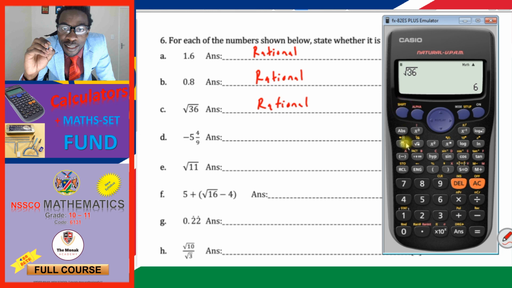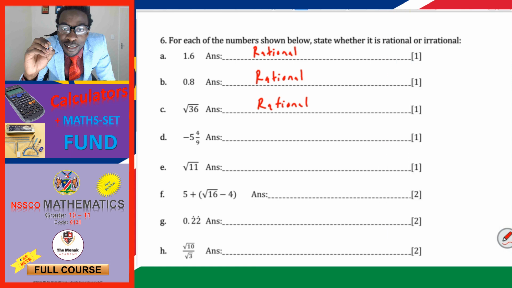On our calculator we have a shift and we put that sign. So negative 5, and we have a 4 and we have a 9. There is a pattern, as you can see, negative 5.4444444. That's a simple, straightforward pattern, so it is a rational number.